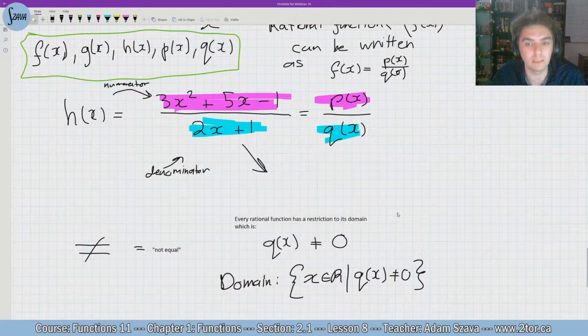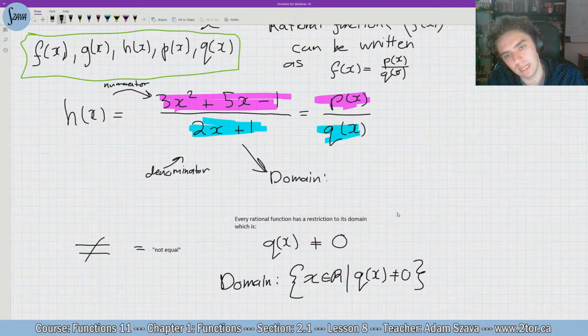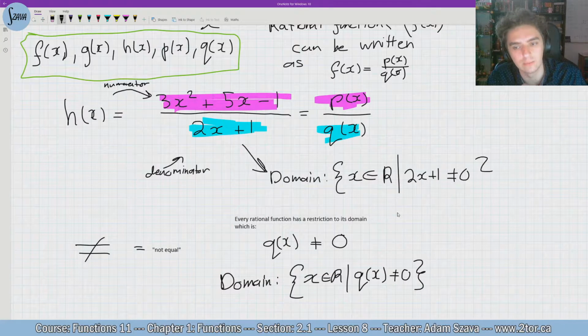If P is a polynomial and Q is a polynomial, then this will be it. Q of x just can't be equal to 0. So for this particular example, the domain is x is any real number such that 2x plus 1 does not equal 0.